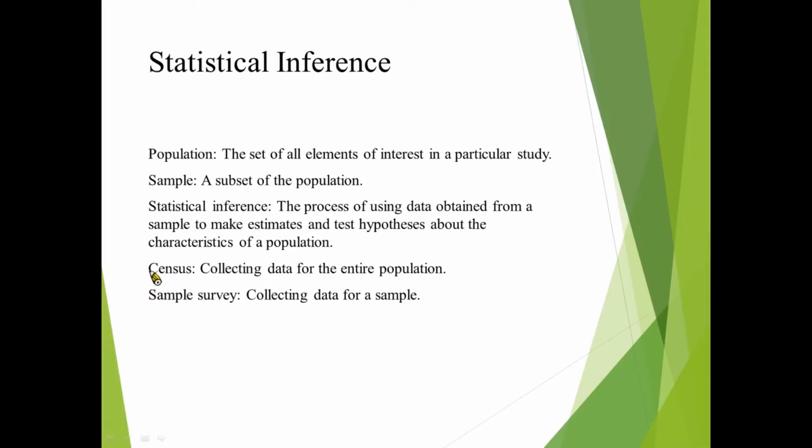For the students, this is impossible, because the census is maybe for the government to do. But now most governments don't do it because it is time consuming and costs a lot of money. Okay, and the sample survey. This is the one we will do.